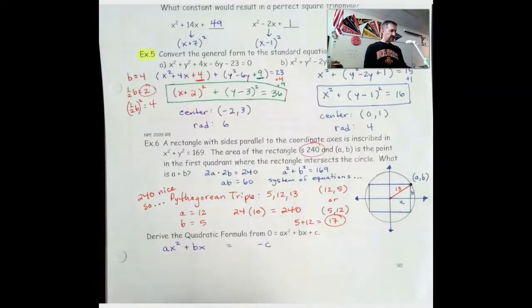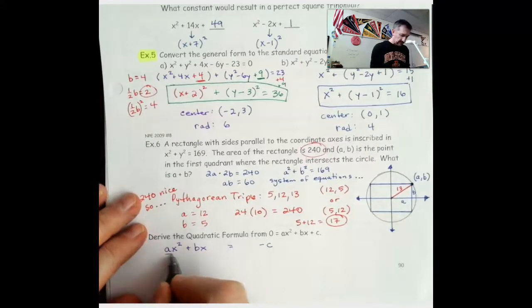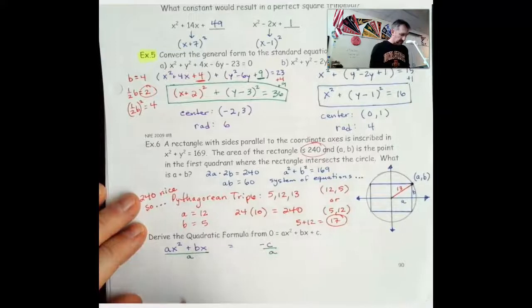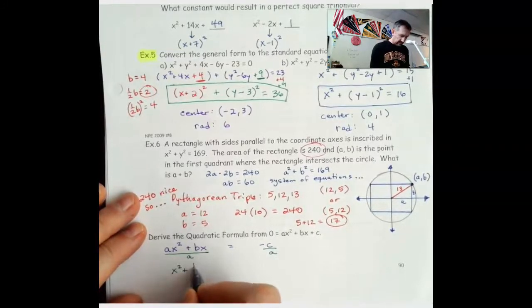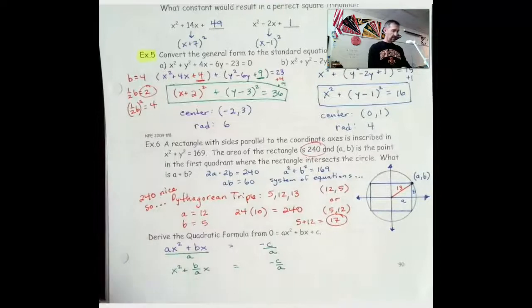As honors math students, that should be something that you're kind of aware of how to do. Okay, so the thing that I like to do next here is divide by a. So if we divide by a, we're going to have x squared plus b over a x equals negative c over a.